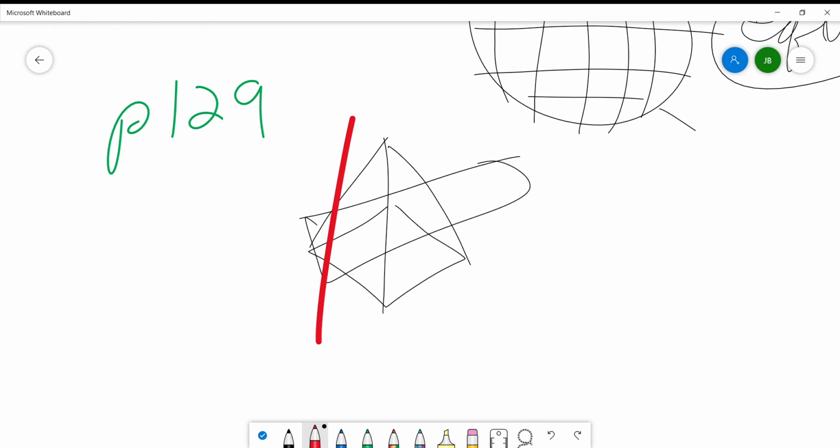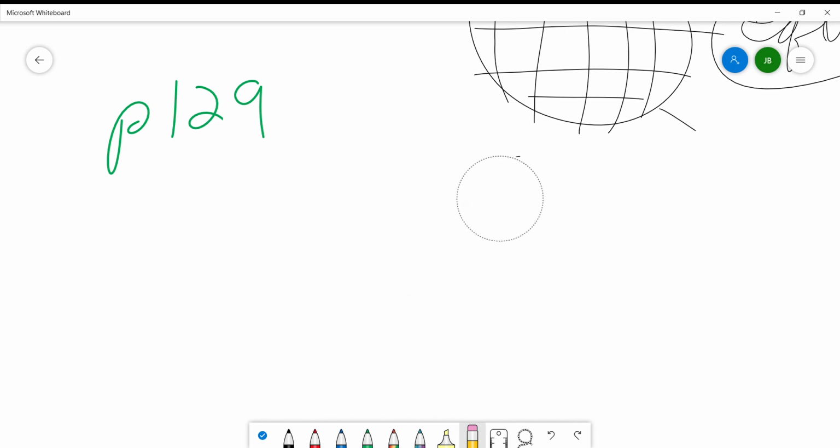All right, here are the answers. Number 1, the cross-section is a rectangle. Number 2, the cross-section is a rectangle. Number 3, the cross-section is a rectangle. Number 4, the cross-section is a triangle. They show you the cross-section, so I don't understand why that's hard.